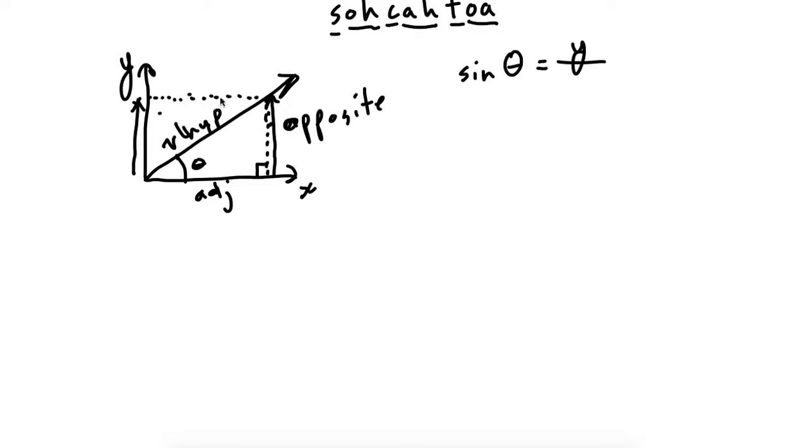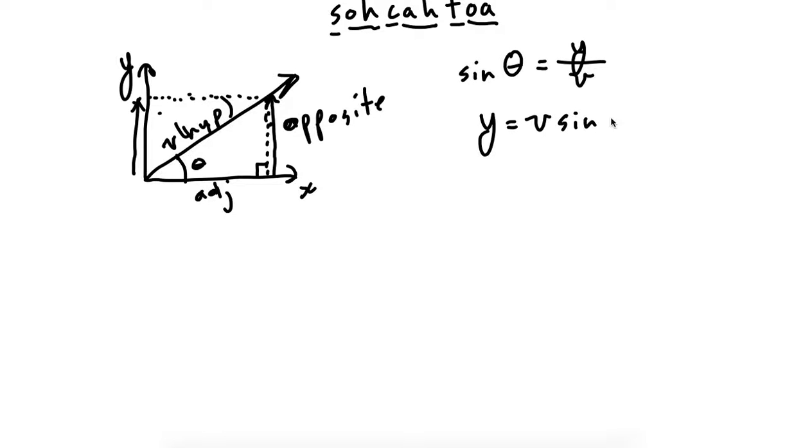It's the hypotenuse of the triangle, but we'll give it a name, so it's y over v. So if you want to find the value of y, because that's what we're going to want to find, the component in the y direction is equal to, multiply both sides by v, y equals v times sine theta.